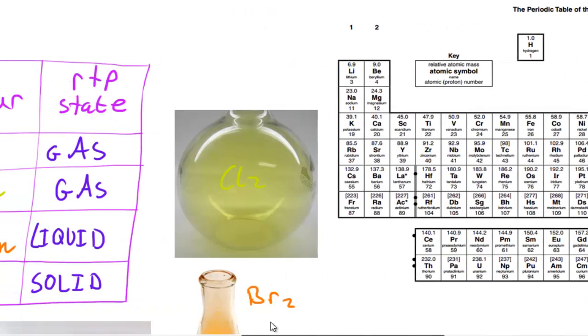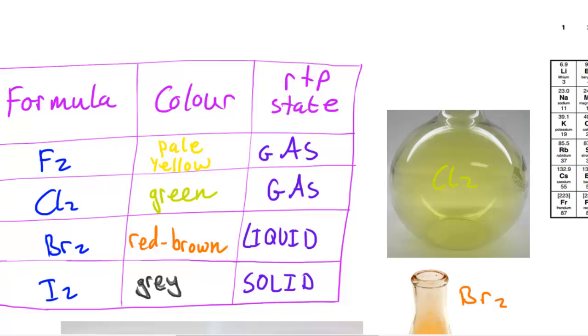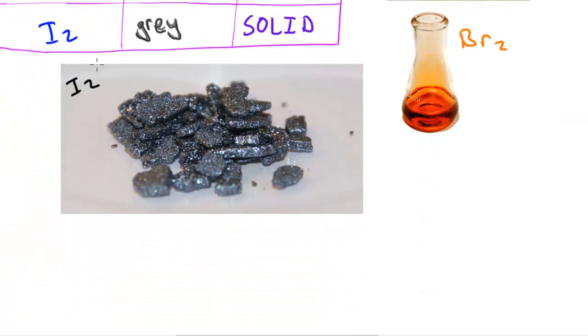Now, the tendency for something to evaporate is often referred to as volatility. You probably remember this term, maybe from GCSE chemistry.